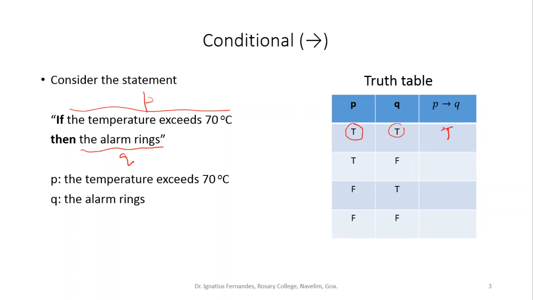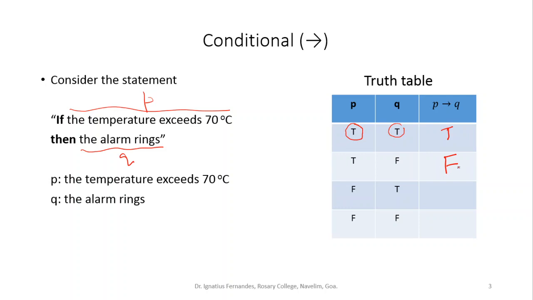When will you say that this statement is false? When the temperature exceeds 70 degrees Celsius and the alarm does not ring. The statement that I made was whenever the temperature exceeds 70 degrees Celsius, the alarm rings. So if the temperature exceeds 70 degrees Celsius and the alarm does not ring, you will say that my statement was false.